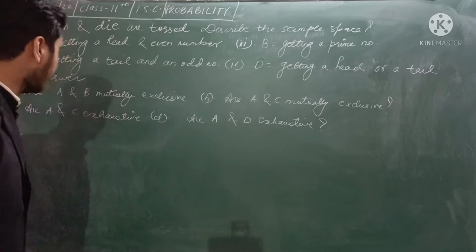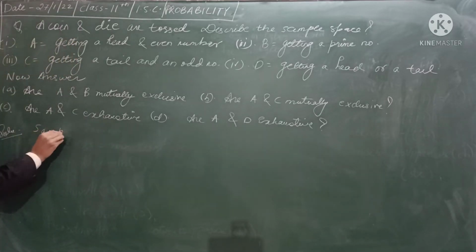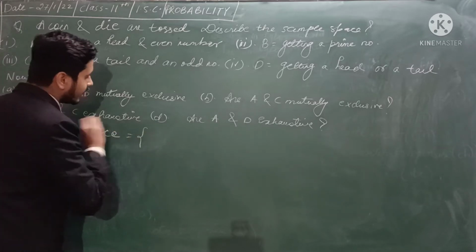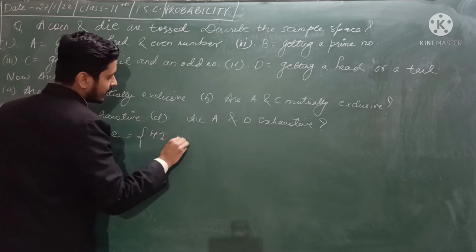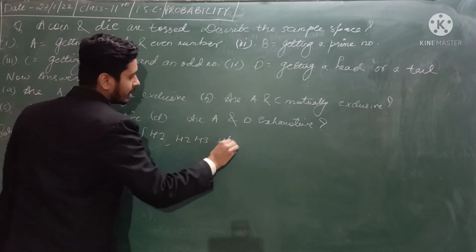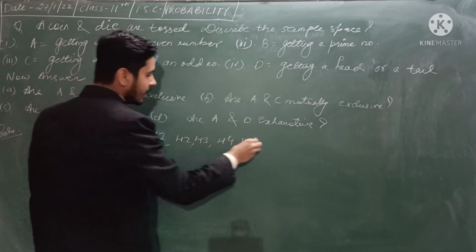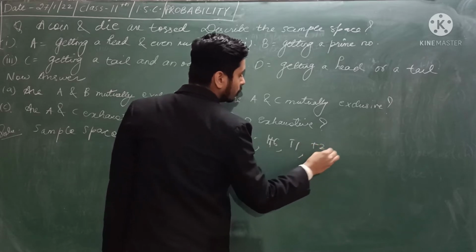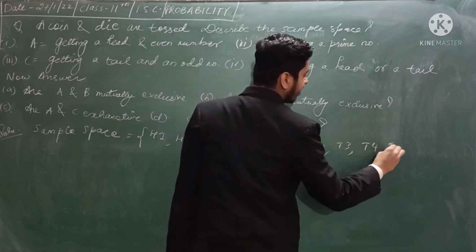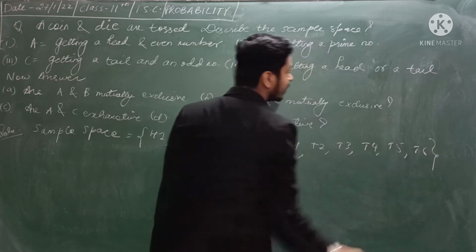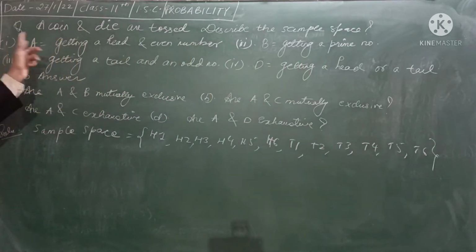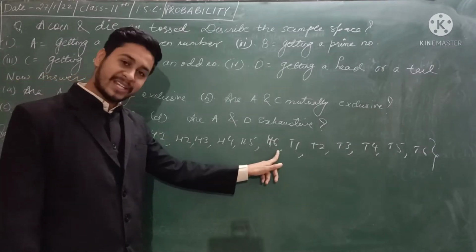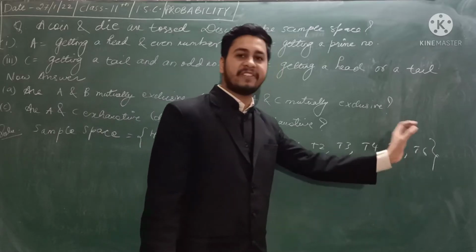Summing them up, the sample space of tossing a coin and rolling a die will be H1, H2, H3, H4, H5, H6, T1, T2, T3, T4, T5 and T6, all the possible outcomes on tossing a coin and a die.